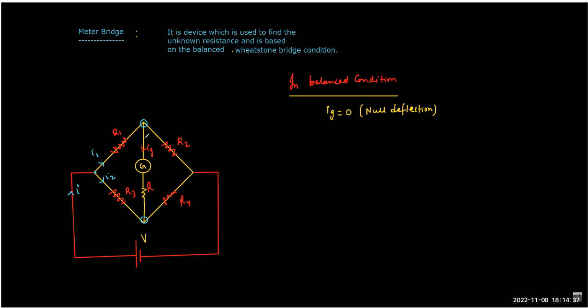So the same current I1 will go through here, and the same current I2 will go through here. So if you look carefully, the bridge element is not participating in offering any resistance to the circuit.